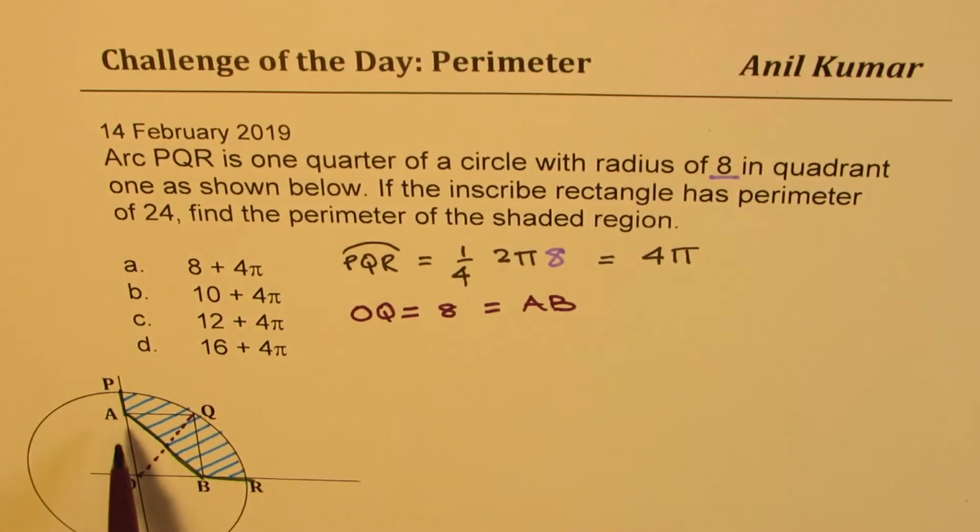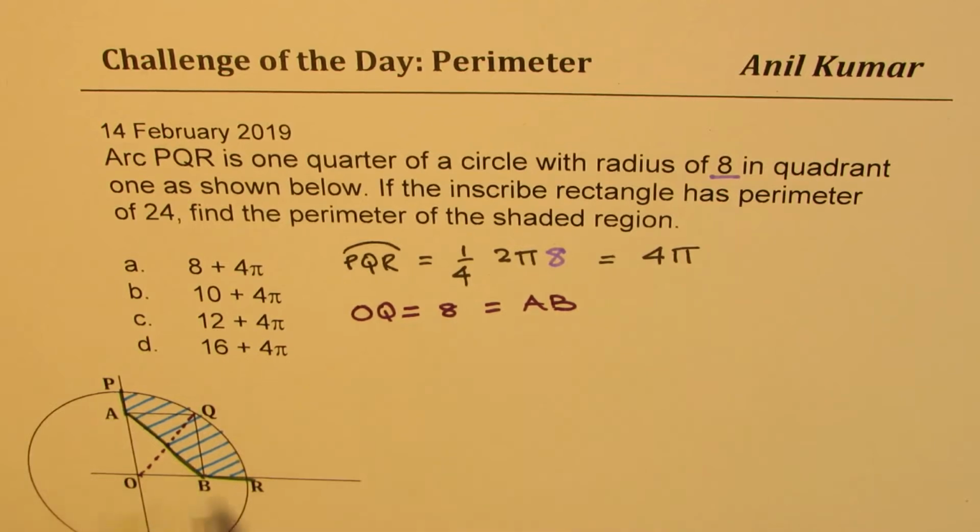Now we have to find what PA and BR are. Then we get our answer. So how do you find PA and BR? You know what OP is. OP is again the radius R. The only thing we are given here is the radius, correct?